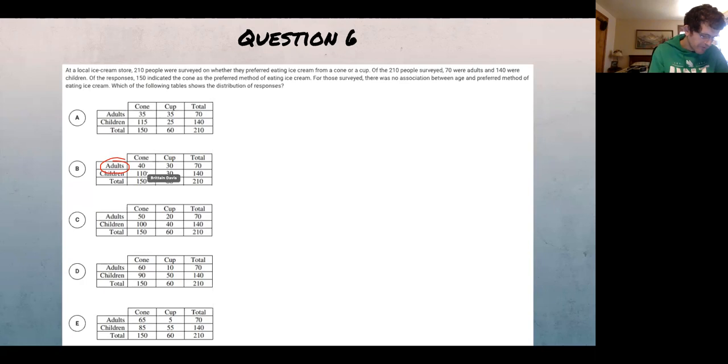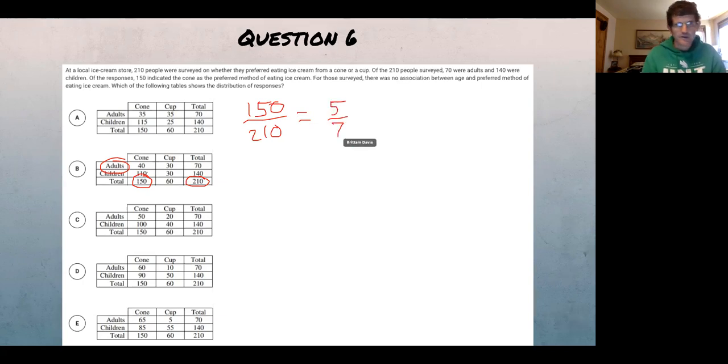If 150 out of 210 prefer the cone, that's the overall preference. All right, so 150 out of 210, if I divide that up, that's going to be 5/7.